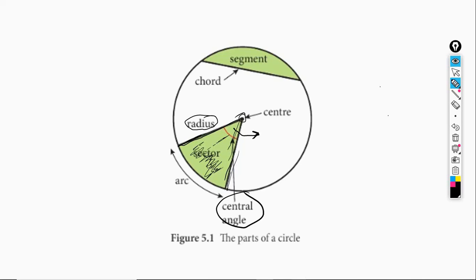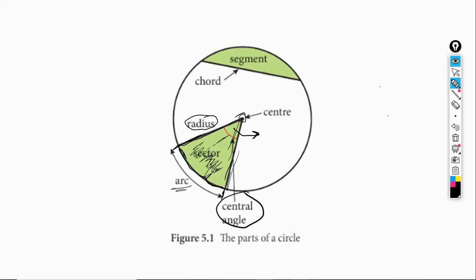Then, just as important is the definition of arc, because we're going to learn how to find arcs. And in this case, the arc that they are indicating starts here and ends here, right? So this part of the circumference is an arc. Then sometimes you might have a line that does not go through the center.